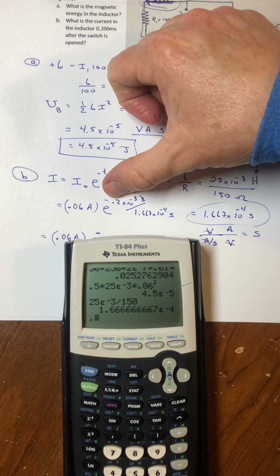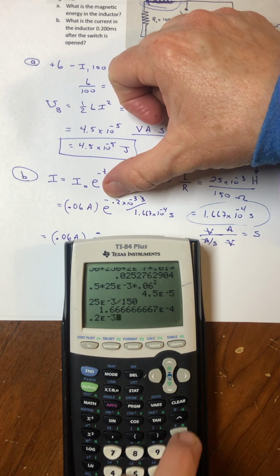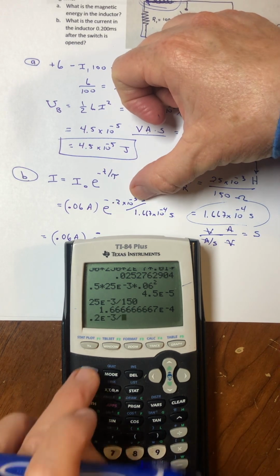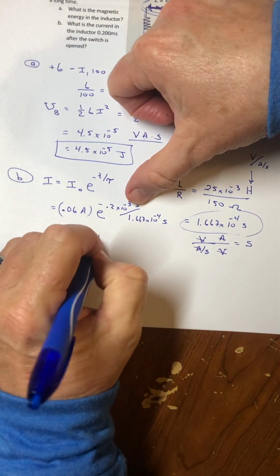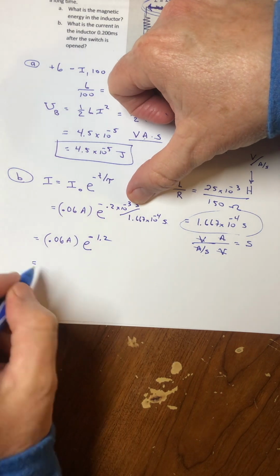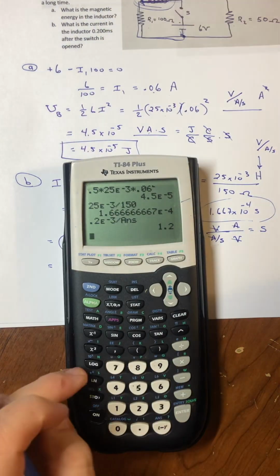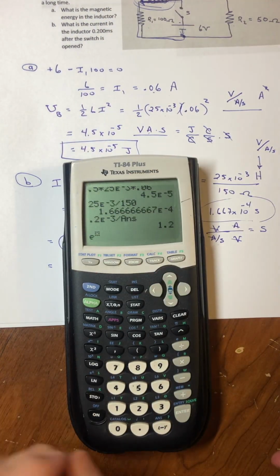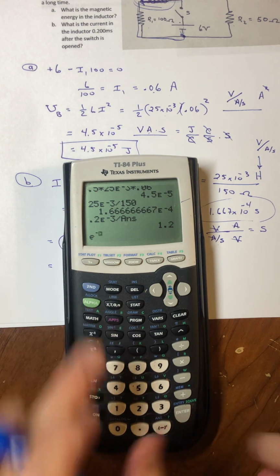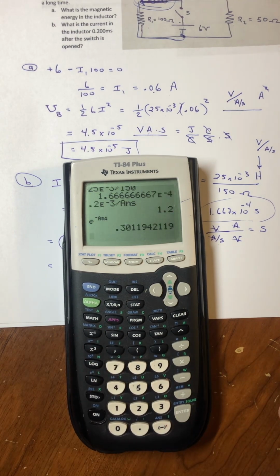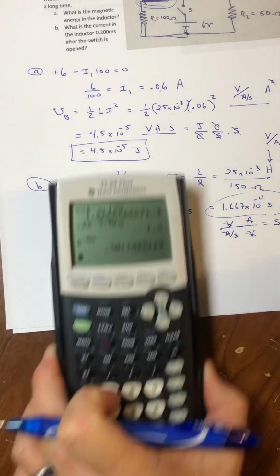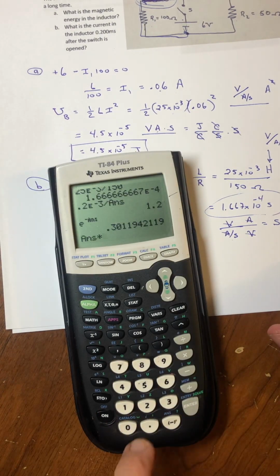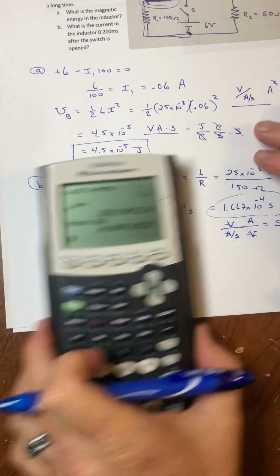This is 0.2 times 10 to the negative 3 divided by the last answer, and so that's a 1.2. So then if I go e to the negative of the last answer, 30%, so 0.3. So I've got 30% of my 0.06.